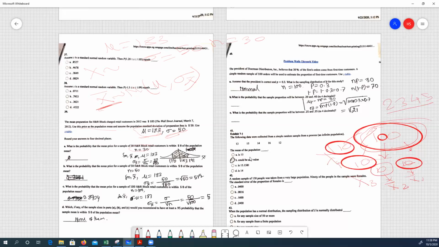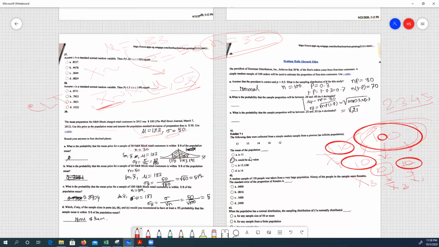Since the sample size is 30, which is large, we can use the central limit theorem, or CLT. Using the CLT, x bar, the sampling distribution of the mean, also follows a normal distribution with mean mu and standard deviation sigma x bar. So the mean will be the same, but the standard deviation is different.